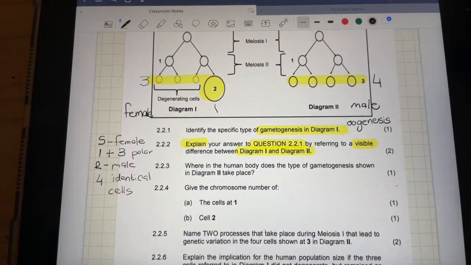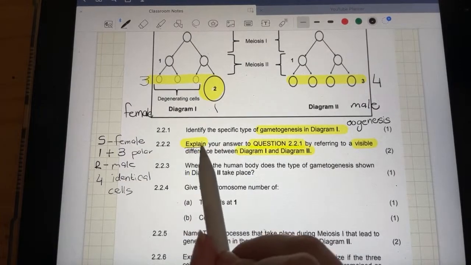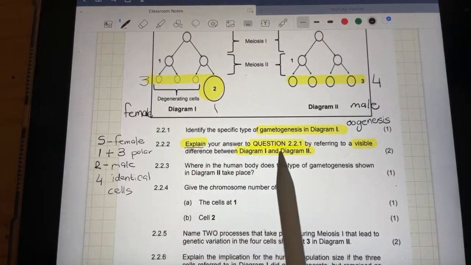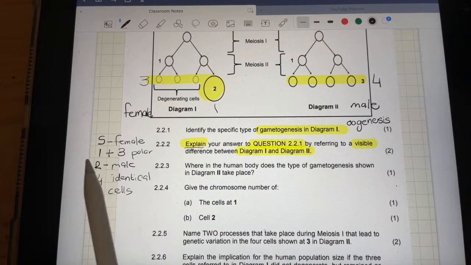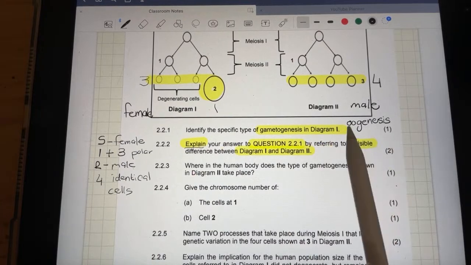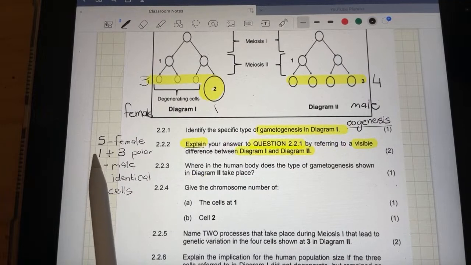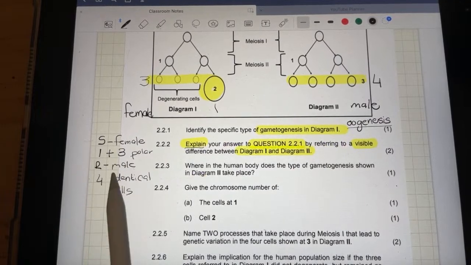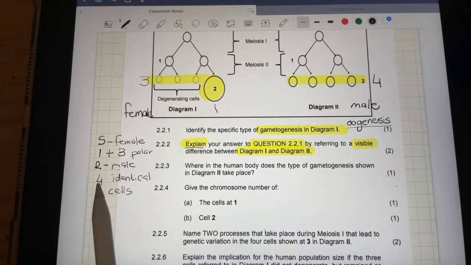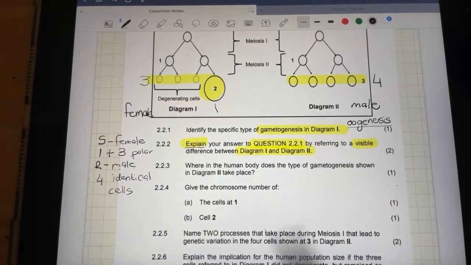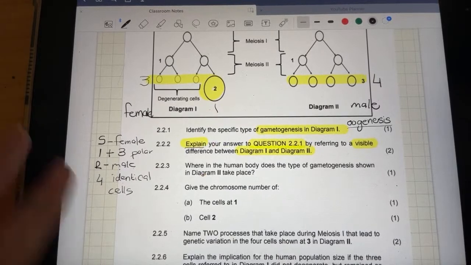And that's basically all you need to say. That's how you're explaining your answer. Your answer is simply that females, I know that this is oogenesis because females produce 1 egg and 3 polar bodies, whereas males produce 4 identical sperm cells. And that's all you need to say. You don't need to go into any more detail than that.